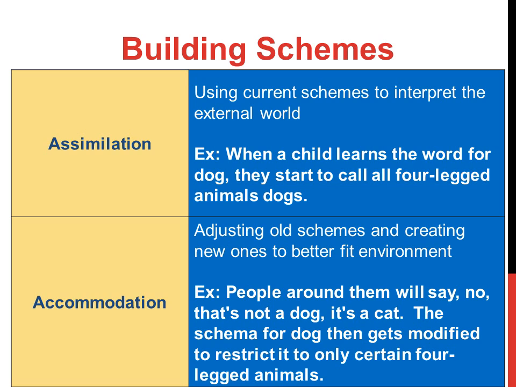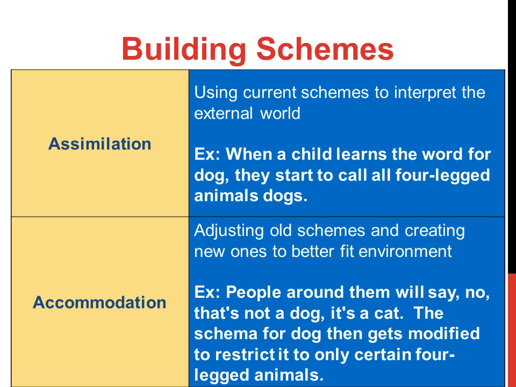So for example, let's say that you have a schema for dog, and a child learns the word for dog, and then they start to call all four-legged animals dogs. Okay, so they're taking that category, that schema of dog, and using it to organize new information.